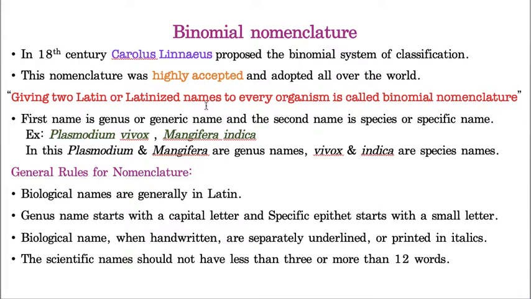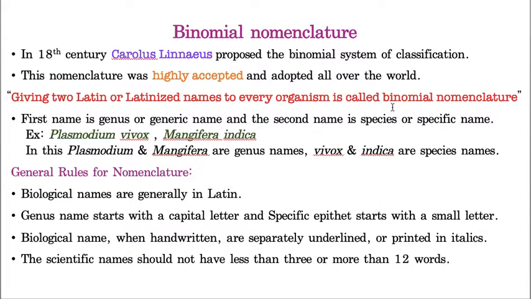That's why giving two Latin or Latinized names to every living organism is called binomial nomenclature.